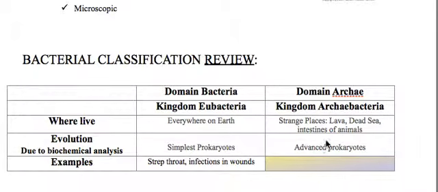And based on evolution, we now know that these archaebacteria, even though they're named as an ancient bacteria, are actually more advanced because they have 47% similar DNA compared to us, whereas the domain bacteria only have 27.